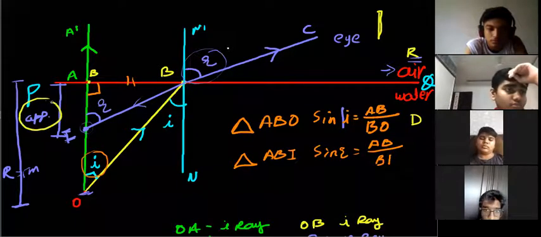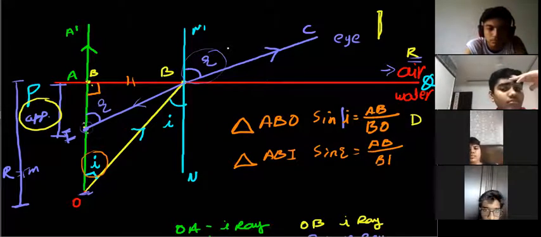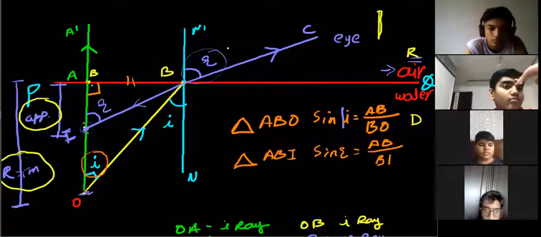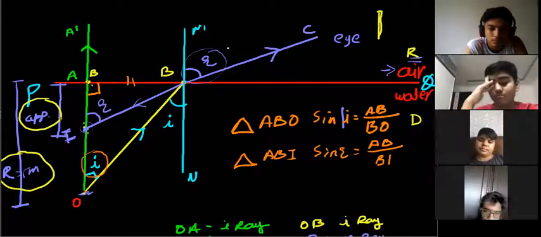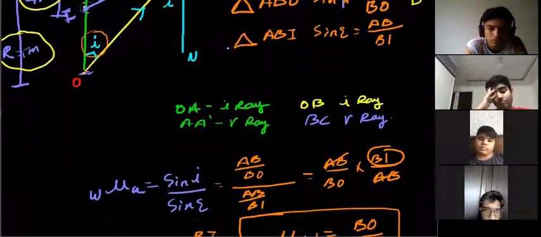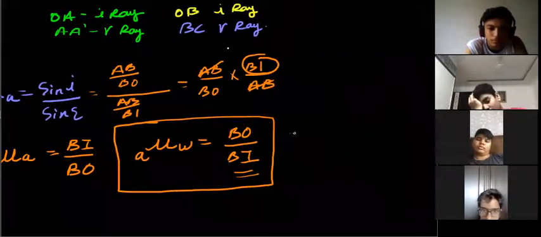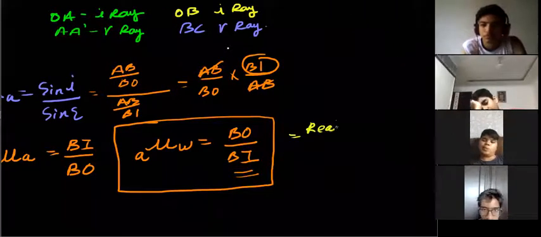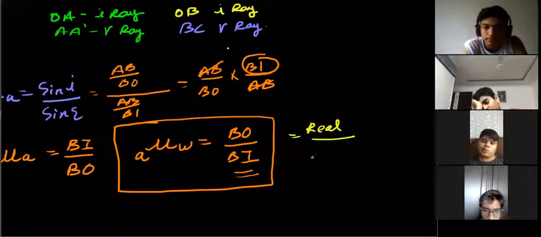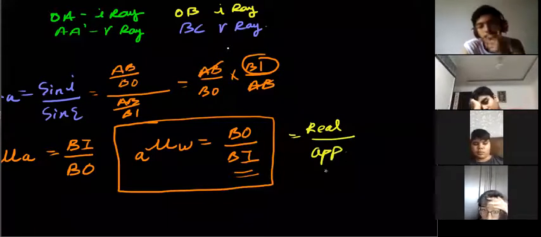Apparent depth, right? And B यहां पे आ गया तो BO क्या हो जाएगा? Real depth. Everyone clear about this? So in the formula, what we can do is BO is equal to real depth divided by apparent depth.